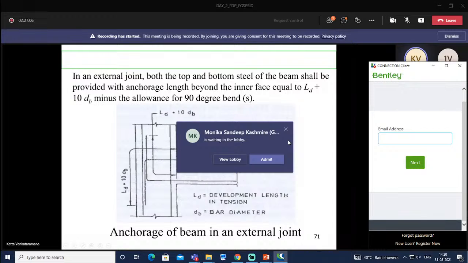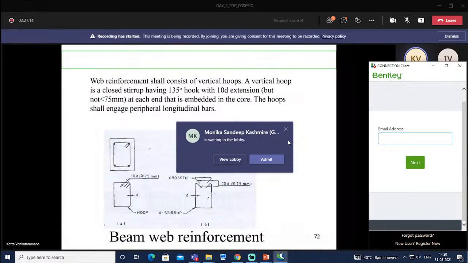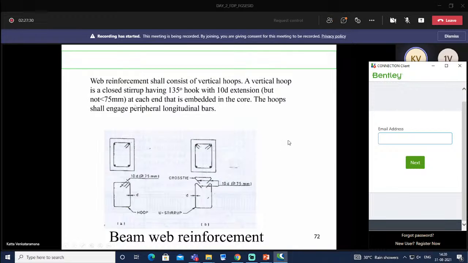So we need to provide these facilities in the external joint. And then in the web reinforcement, these 135-degree hooks. Web reinforcement shall consist of vertical hoops. A vertical hoop is a closed stirrup having a 135-degree hook with 10 times diameter bar extension, but not less than 75 mm at each end, that is embedded in the hoop.